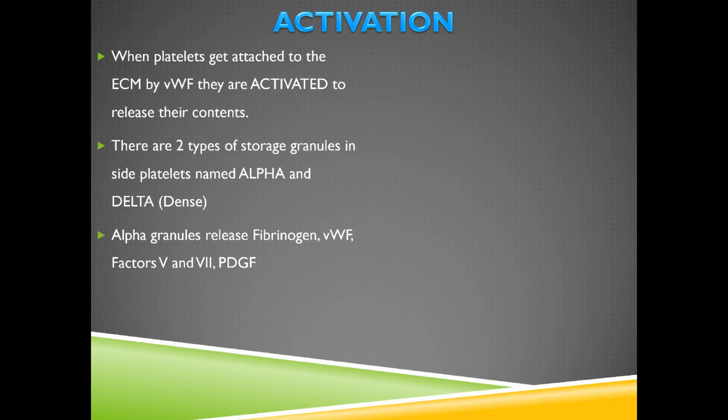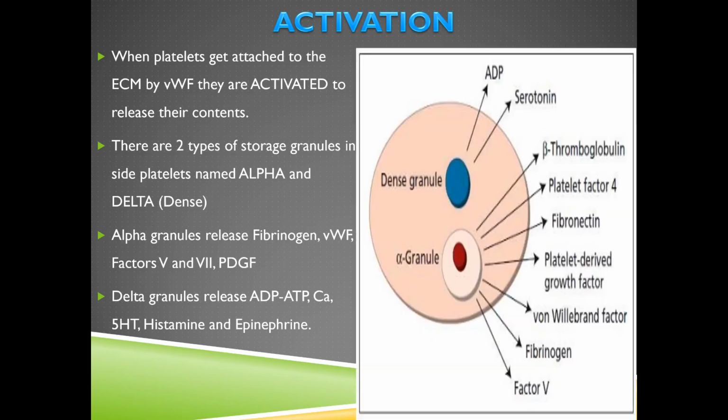From the alpha granules, they release fibrinogen, von Willebrand factor, factors 5 and 7, and platelet-derived growth factor. From the delta granules, you will get ADP, ATP, calcium, hydroxytryptamine, histamine, epinephrine. So this is the picture where you have the two types of granules, the dense granule and alpha granule, and the things that are liberated from them by breakdown of the platelet.